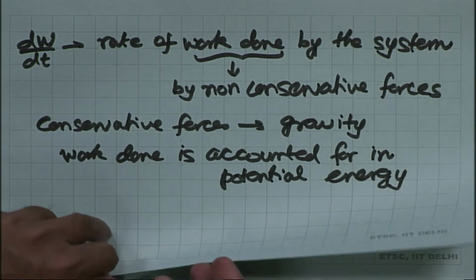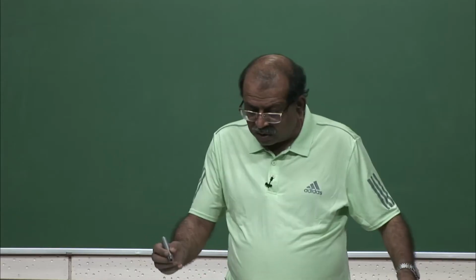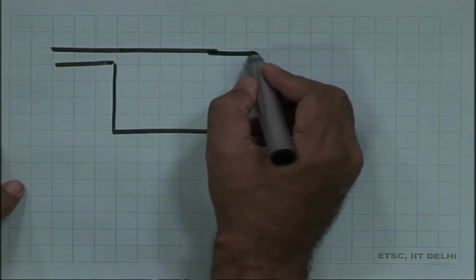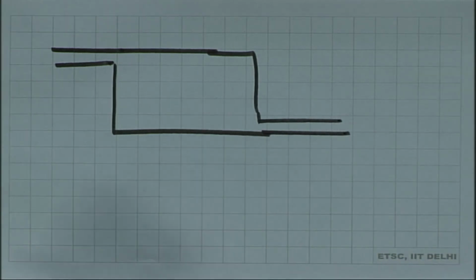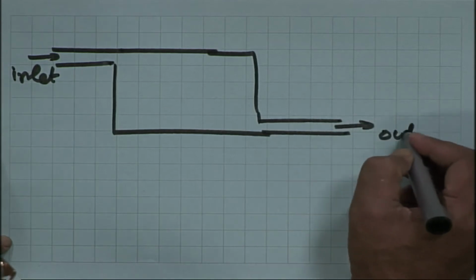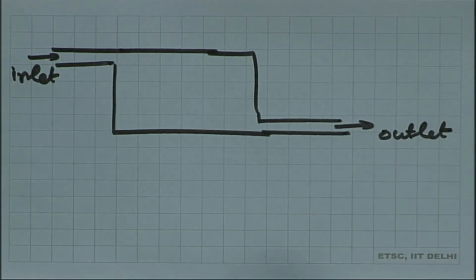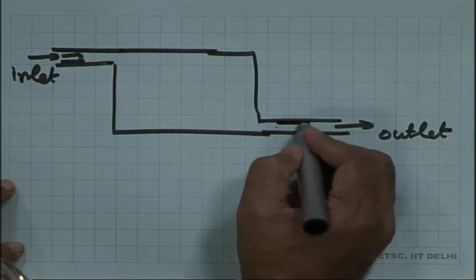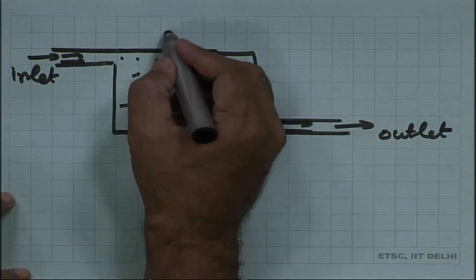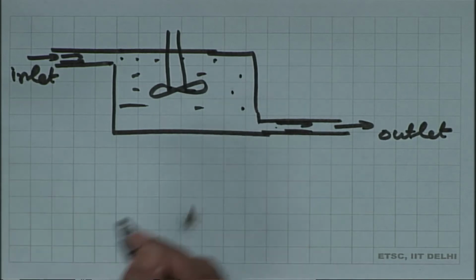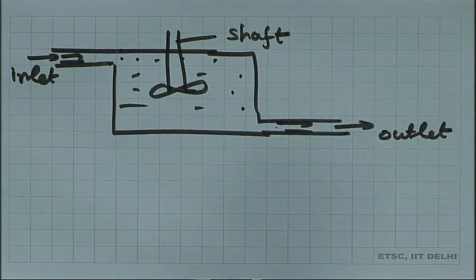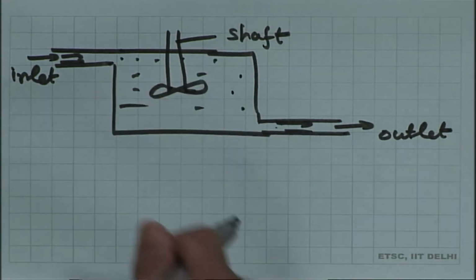Okay. So, now let us look at a typical system. Let us think of a system where we have, I am showing one inlet and one outlet, there could be more. In this, fluid is coming in and going out, and there is also some sort of a shaft going inside the control volume.